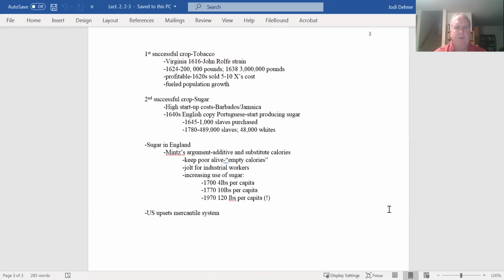The way we talk about sugar now is that they're empty calories. We have so many calories we get from our food sources that we don't need the sugar on top of it. They're just wasted calories, right? Mintz argues that these were not empty calories for this laboring population in the 17th and 18th century, that these were things that kept the poor alive.